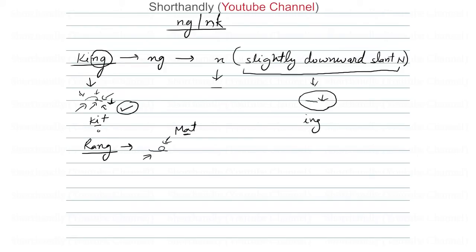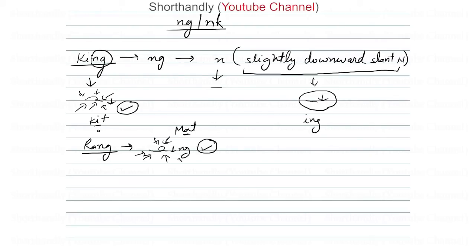That's why we made this large circle without any dash or dot. Then we have this slant N, going a little bit down, to represent our ing sound. So this is R, A and ing, which is rang.